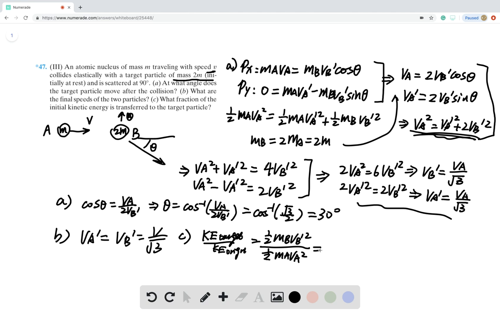We already know that mB equals 2 mA. I'm ignoring the 1/2 here. VB prime squared is V squared over 3, and VA squared is just V squared. So this is 2/3. This is the fraction of the initial kinetic energy that is transferred to the target particle.